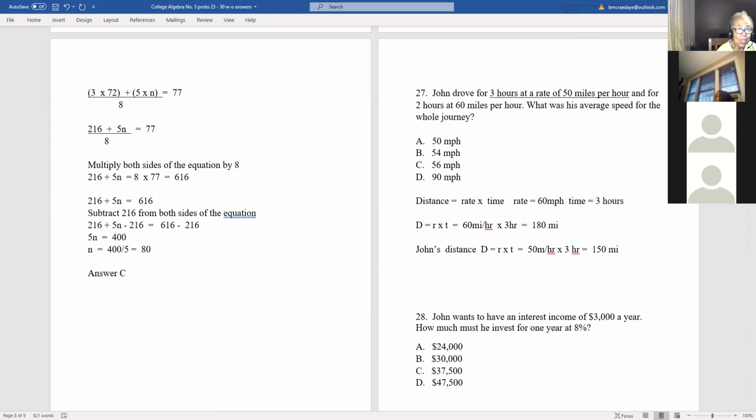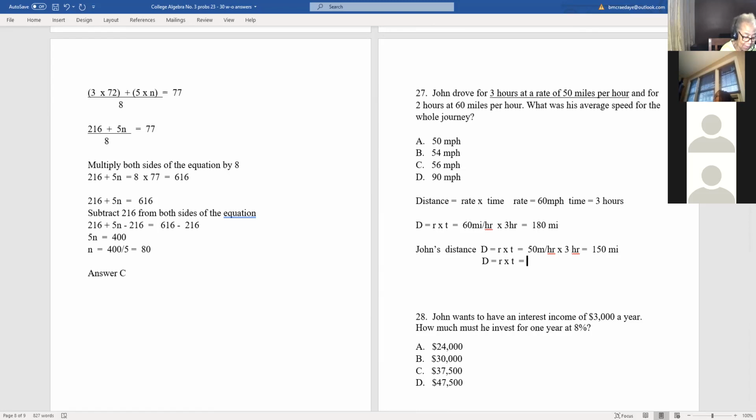Then he drove another 2 hours at 60 miles per hour. So we've got to put the distance in again for that, right? So what would that be equal to? D equals R, rate, times T. It was 60 miles per hour, right?